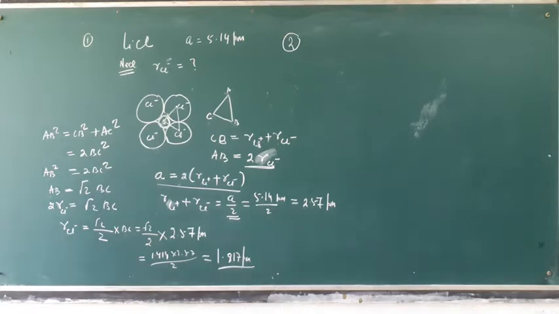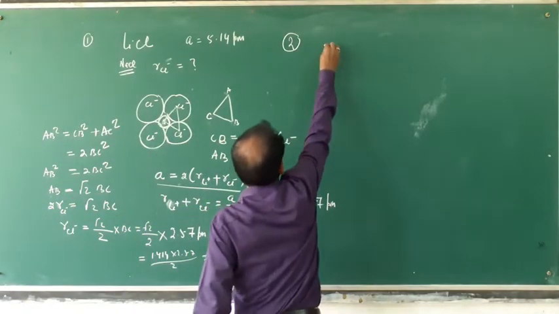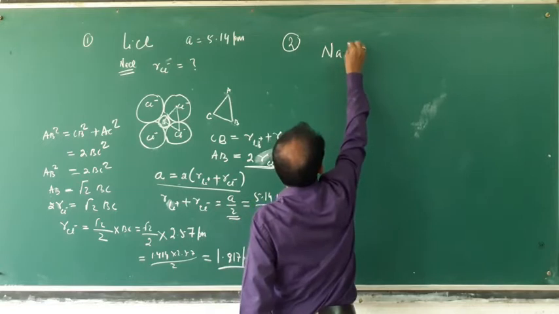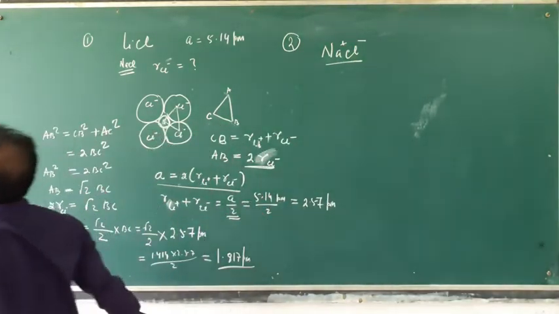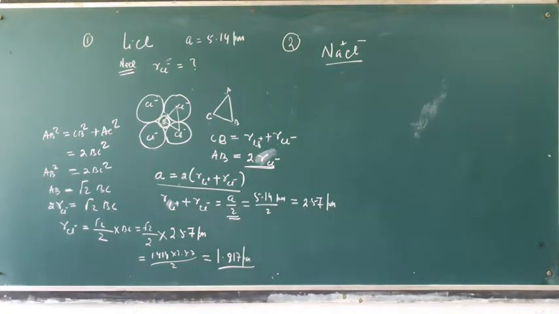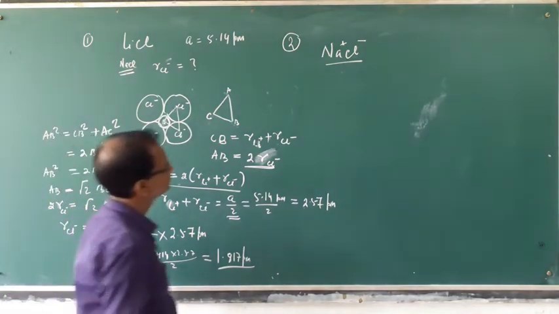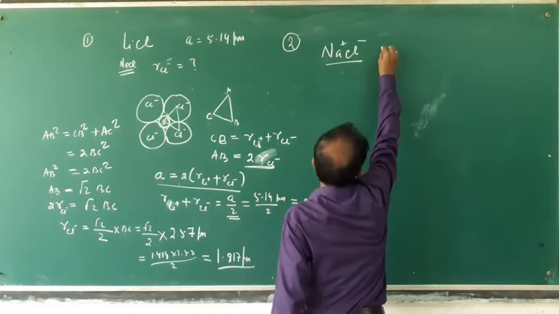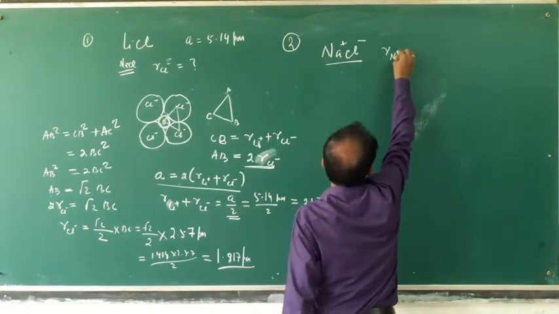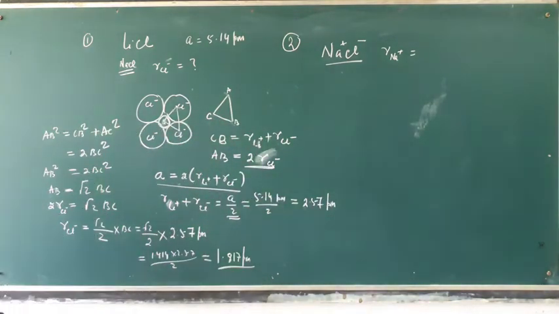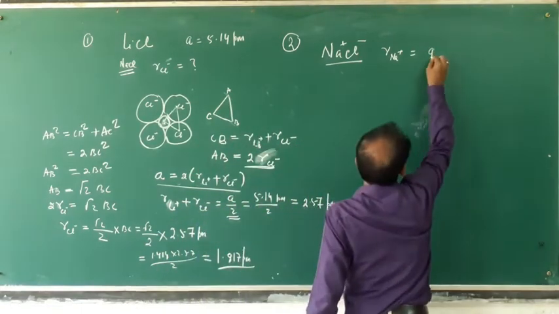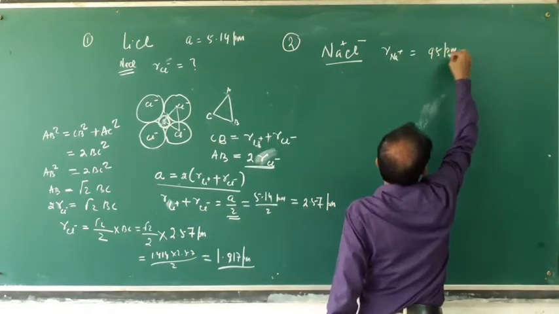NaCl type crystal. Here the cation-anion size is given. R of Na plus is equal to 95 picometer.